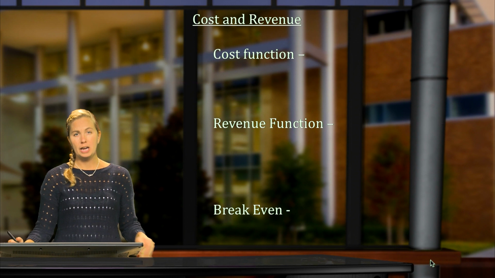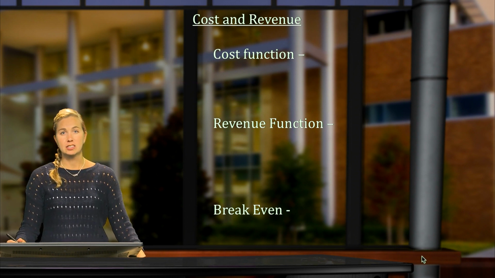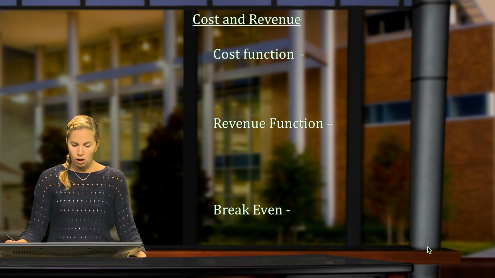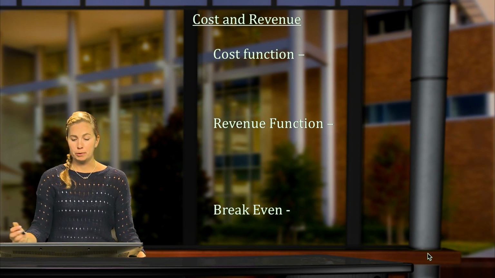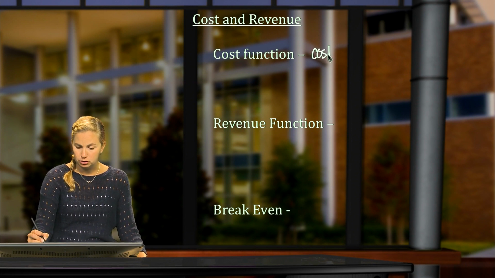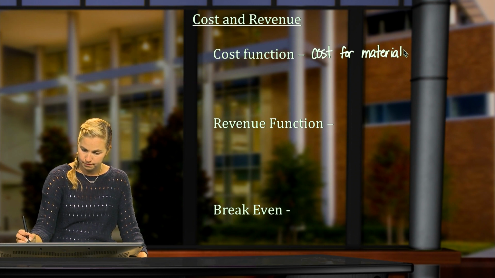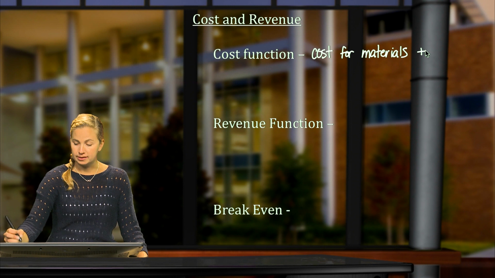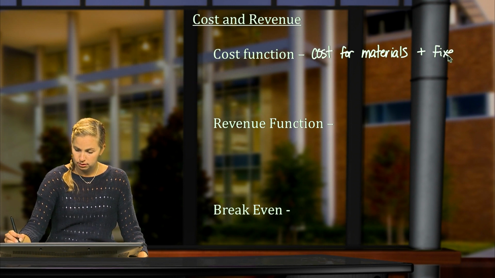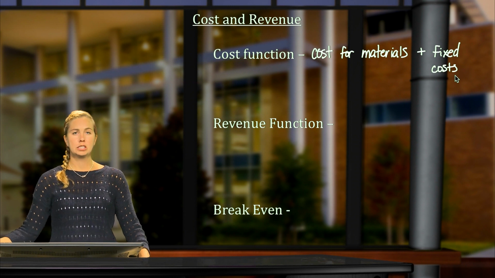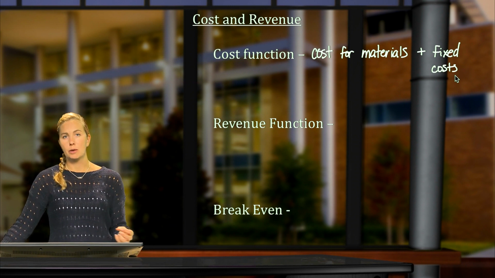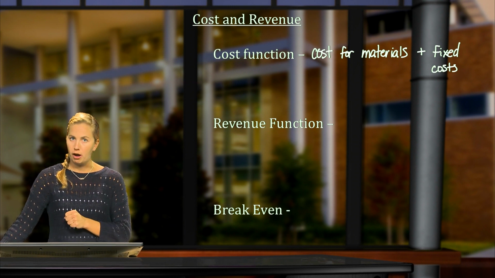Another application for linear functions is cost and revenue. Our cost function represents all the costs for materials plus any fixed costs. Now, the costs for materials are just the pieces that we're going to use to manufacture whatever the product is.